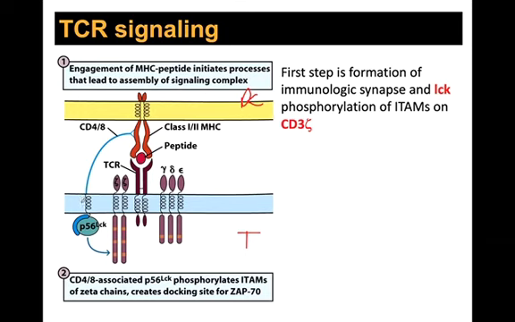Now this co-receptor here, CD4, it's not an arrow, that blue line is actually a receptor. That's the co-receptor. That's going to bind to MHC class 2 to stabilize that interaction and bring in this kinase called LCK.